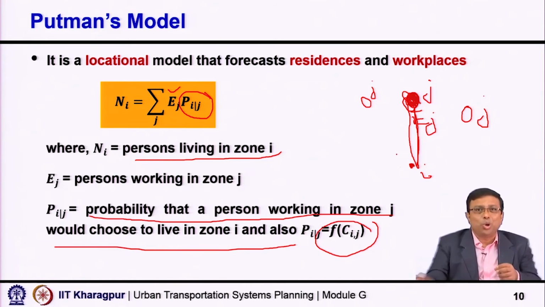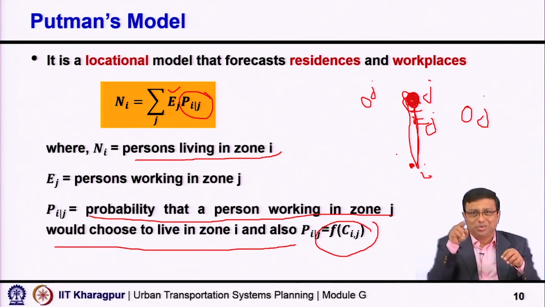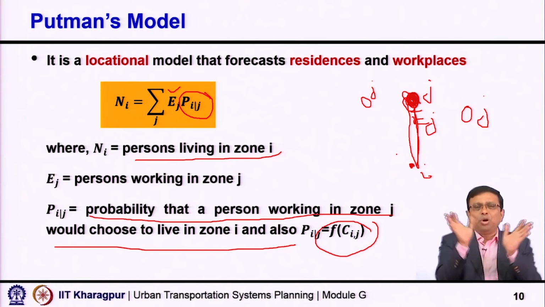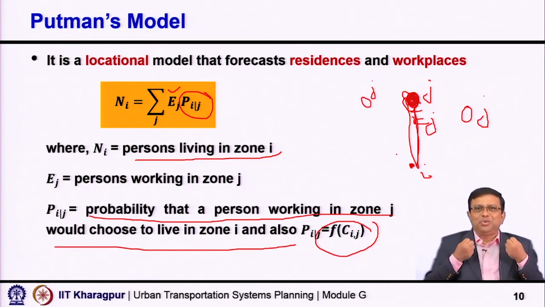What do you expect? Here all the i's are competing to get that share from j. Ej number of people employed are there in j. That Ej number of people altogether will locate in any of these zones, all of whom are employed in zone j. So, who is competing to get those people in terms of having their residential location in zone i?